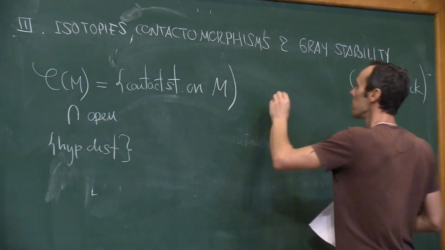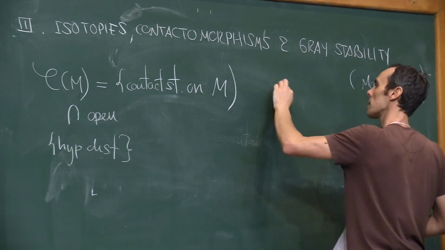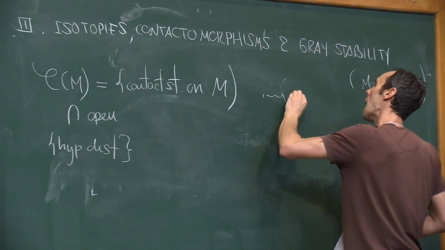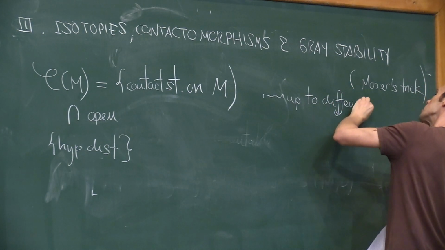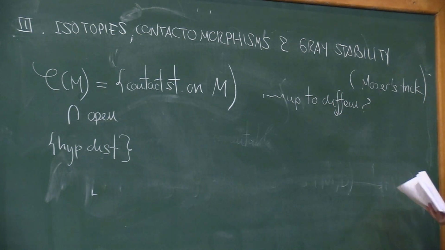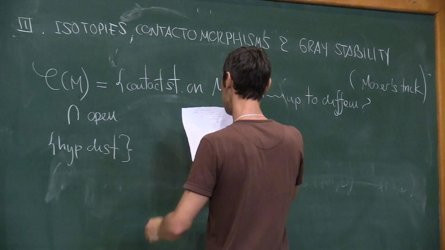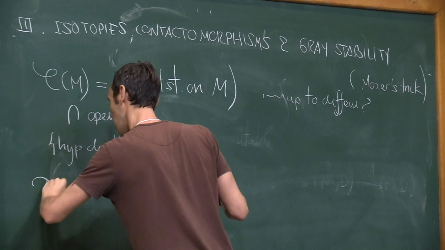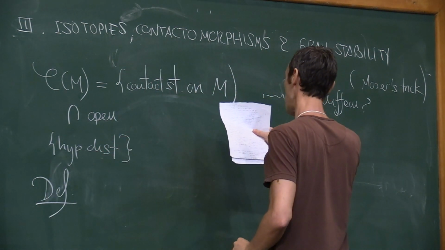And of course, in principle, when you study any kind of geometry, you are interested in contact structures up to diffeomorphism. So what can we say about contact structures up to diffeomorphism? So let me introduce a definition: a couple of equivalence relations on contact structures.